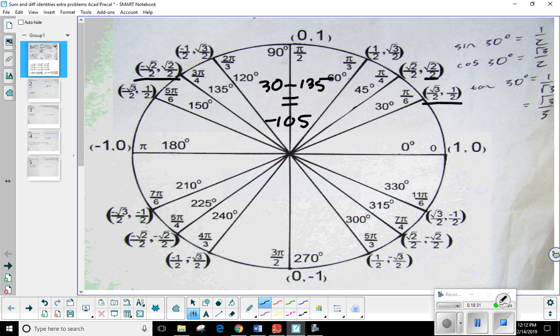Wait, we could go 395. 395 minus... Okay. Point is, there are different angles that will work. We definitely don't want to make it more difficult than it needs to be, right? No. Okay, so we're going to stick with 30 degrees and the 135.